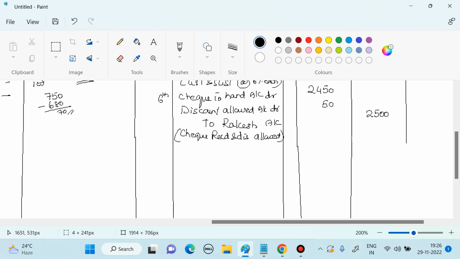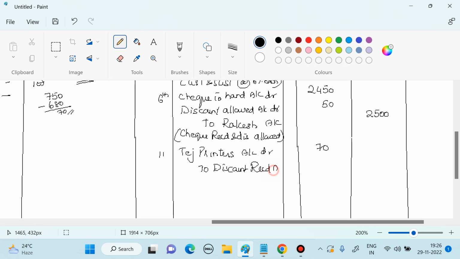Still 70 rupees left to the credit of Tej Printers, which is nullified through this transaction. On April 11th, we will pass the journal entry of Tej Printers account debit 70 to discount received account 70. Discount received.